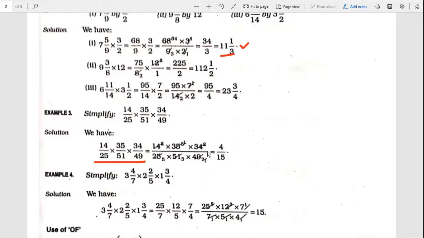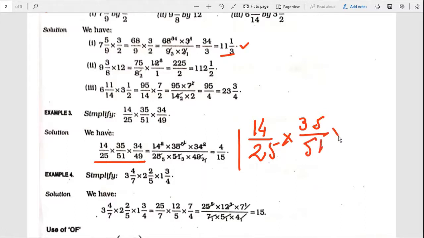So we simplify it here: 14 by 25 into 35 by 51 into 34 by 49.